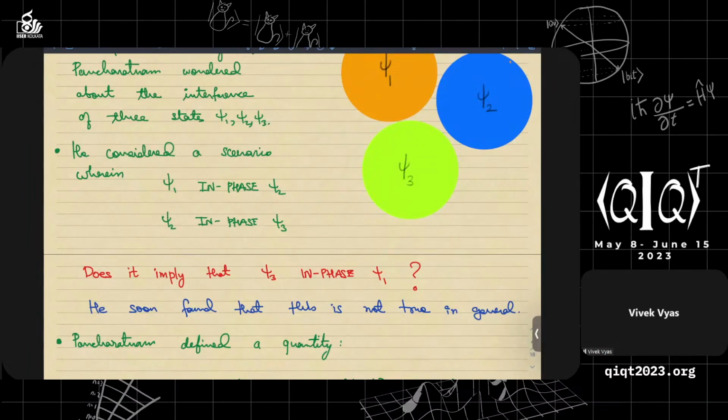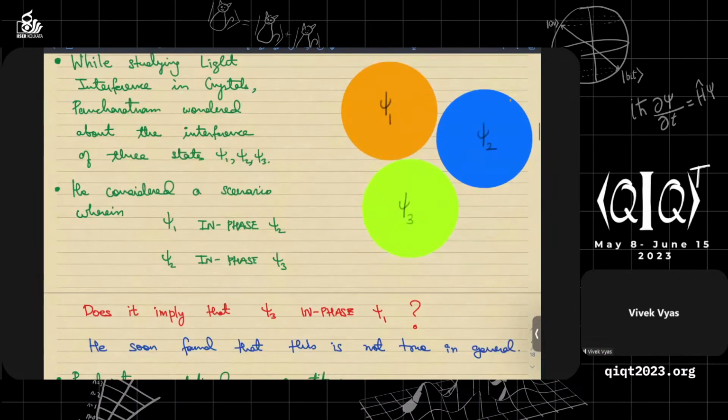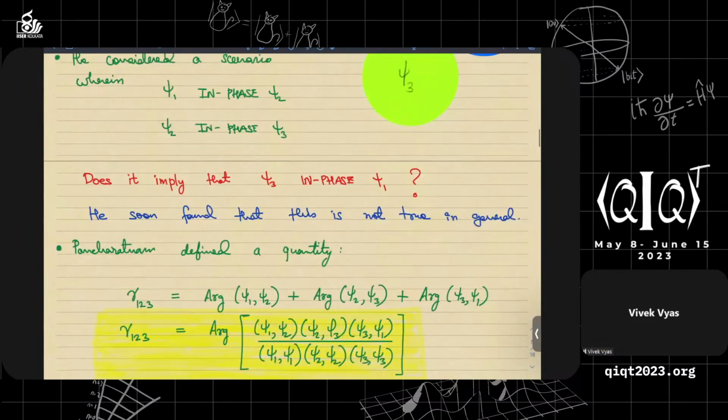In other words, if the relative phase between psi 1 and psi 2 is 0, and the relative phase between psi 2 and psi 3 is also 0, is the relative phase between psi 3 and psi 1 also 0? Very quickly, he was able to find a counterexample, and in general he showed that that's not the case. So the in-phase condition, mathematically speaking, is not transitive. It does not have the transitive property.